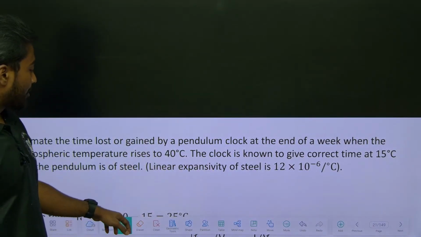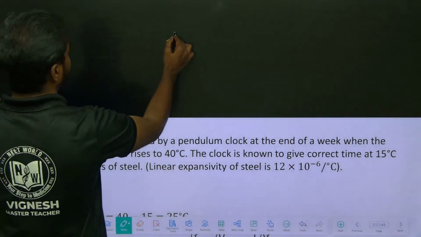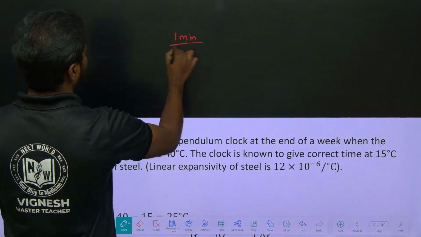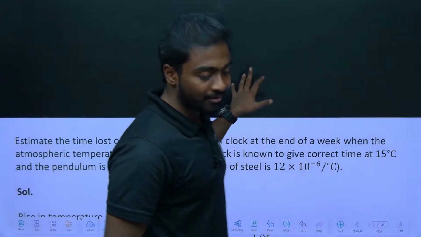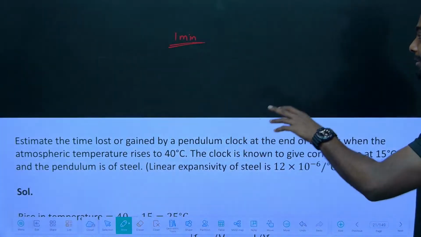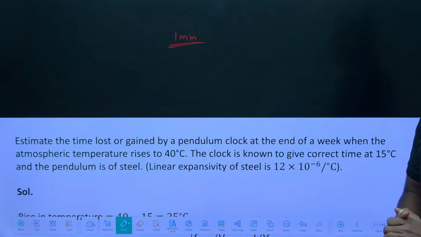So we can give the answer. There is a solid 1 minute to solve this question. The same formula and the same concept from the previous slide we are going to use in this question too.